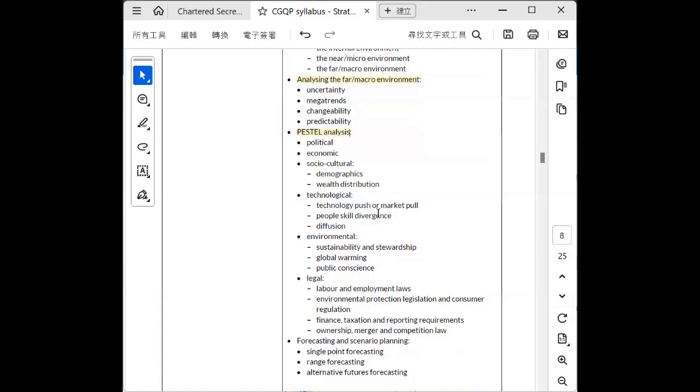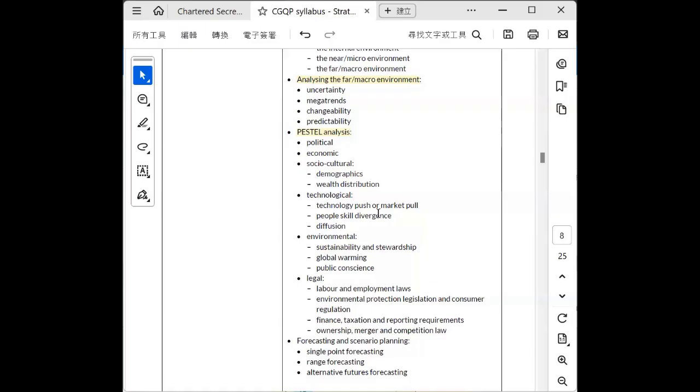Economic factors will be something like inflation, interest rate, exchange rate, unemployment rate, etc. So that would affect the operations of the company. Socio-cultural factors can reflect social values, lifestyle preferences, educational levels, and cultural norms.